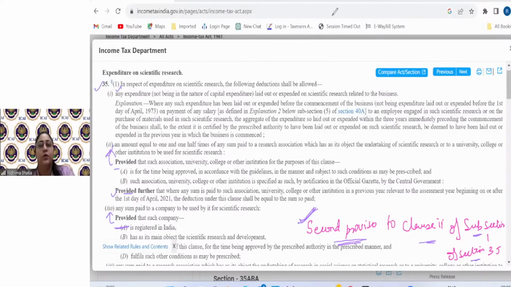Understood? Yes, these terms, section, subsection, clauses, are everywhere. This is how you interpret the law. It is not only just for income tax.